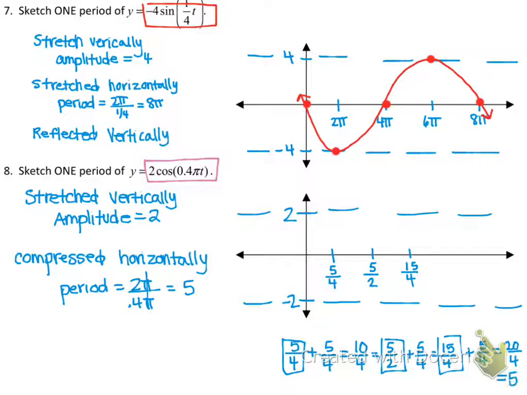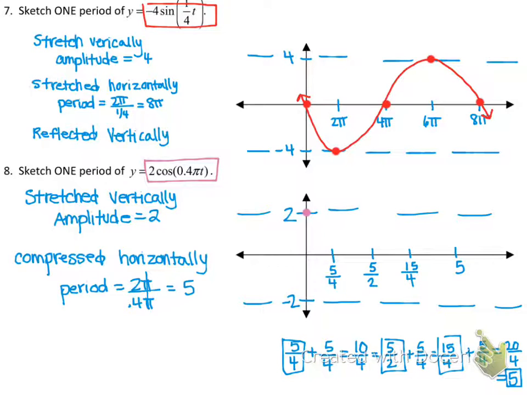So when you add each of your intervals together, that last one, that fourth one, always needs to give you the value you found when you did 2 pi over your b value. All right, so since this is cosine, we are going to start at 0, up at 2.